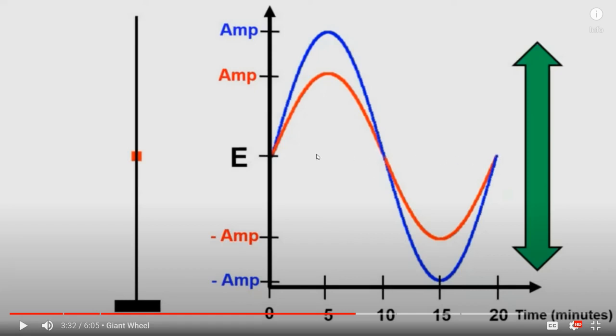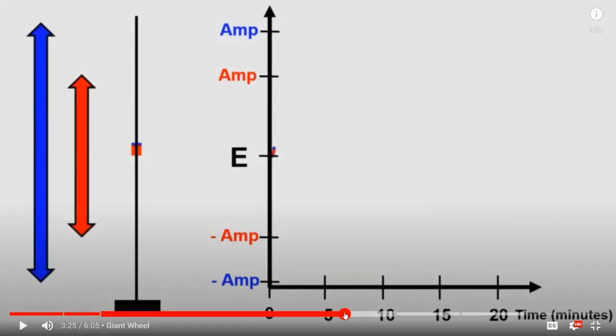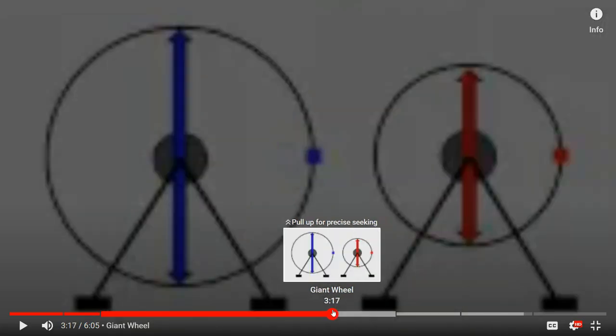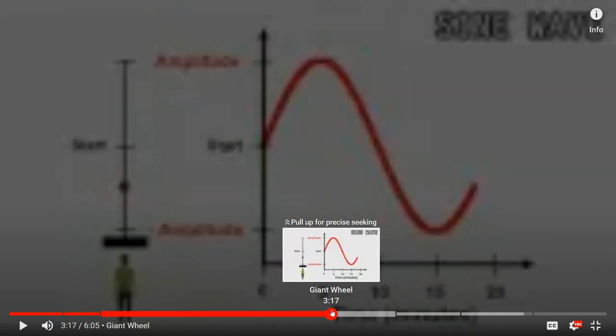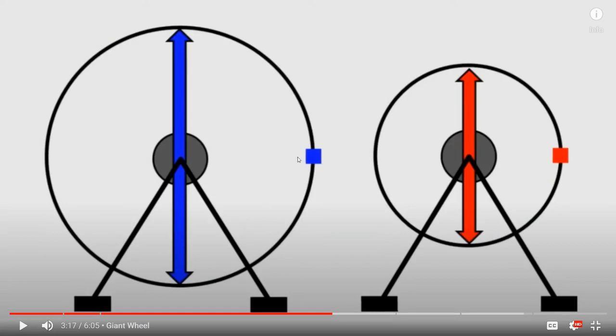It takes 20 minutes to complete one full cycle. If this Ferris wheel went around twice, what would happen with that graph?